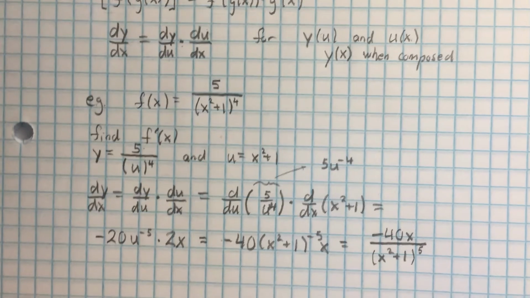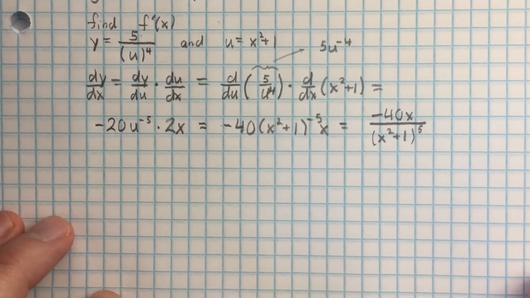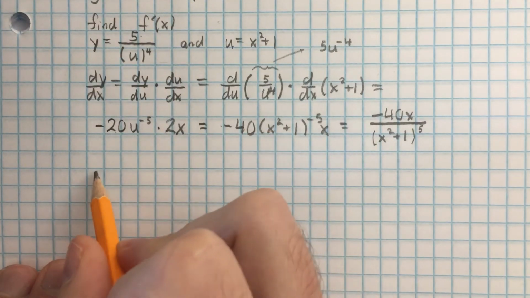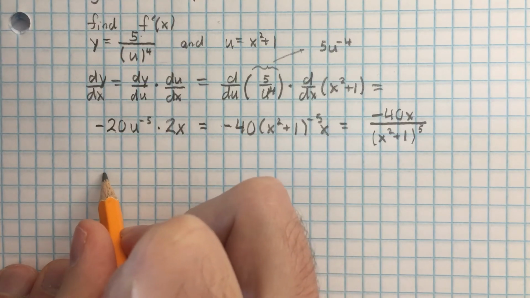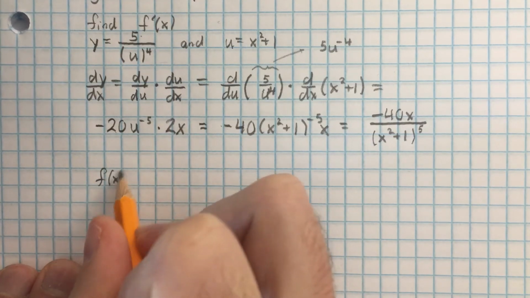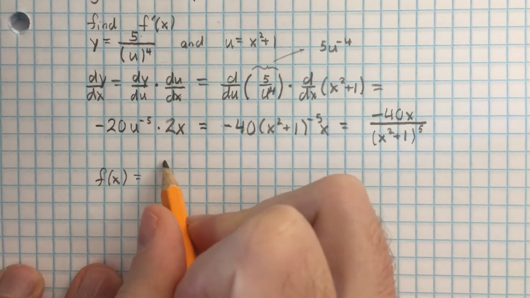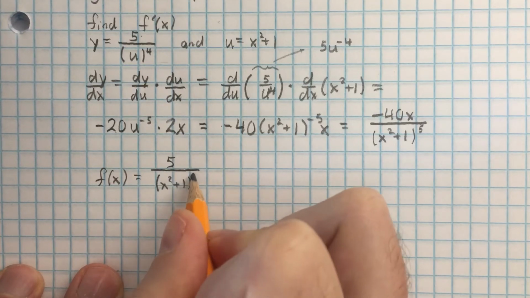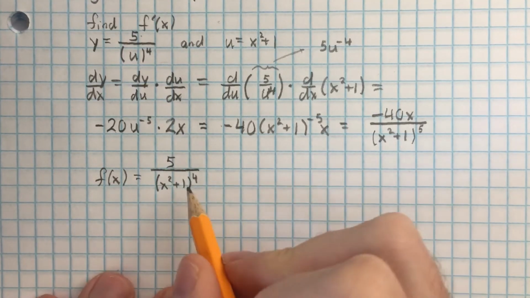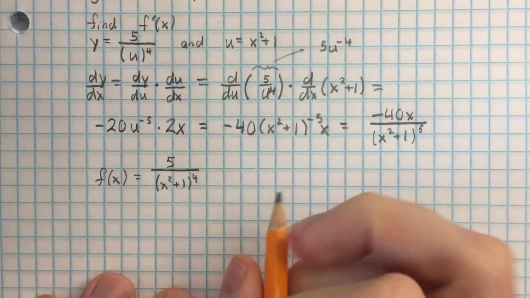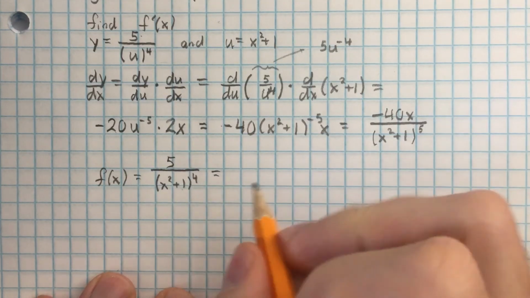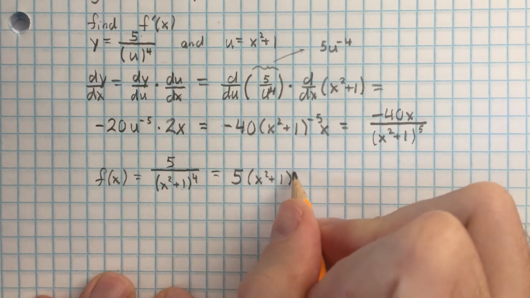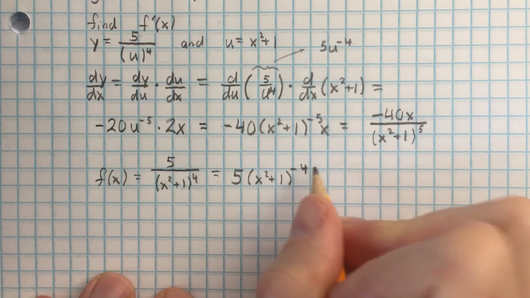Now we could have done the same thing using the prime notation, and in my opinion it goes much faster, more efficient. So let's see, if we view f of x down here again, we see the composition, we see that x squared plus 1 has been put inside the fourth power function, but I would go ahead and write this as 5 x squared plus 1 to the negative fourth anyway, right?